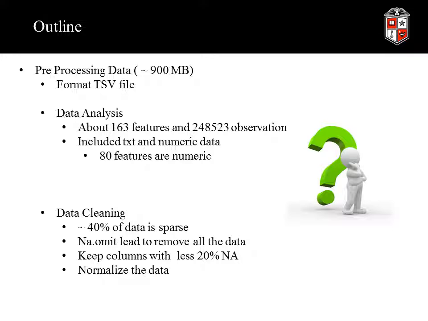As a part of the data analysis, I gathered about 160 features, with more than 200,000 observations included in it. Out of these 160 features, which are in the format of text and numeric data, only 80 features will be numeric and provide helpful information for the next step that I will discuss.